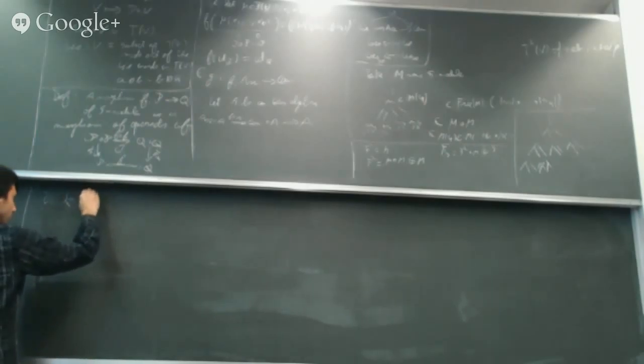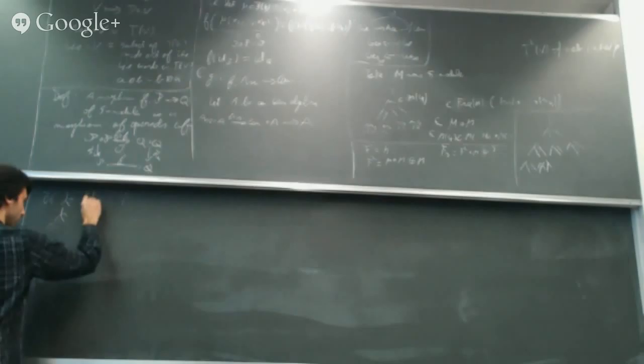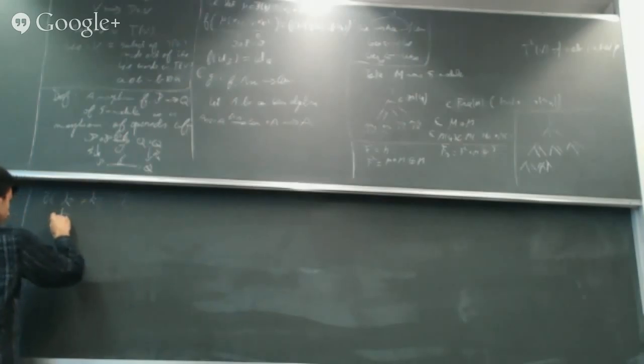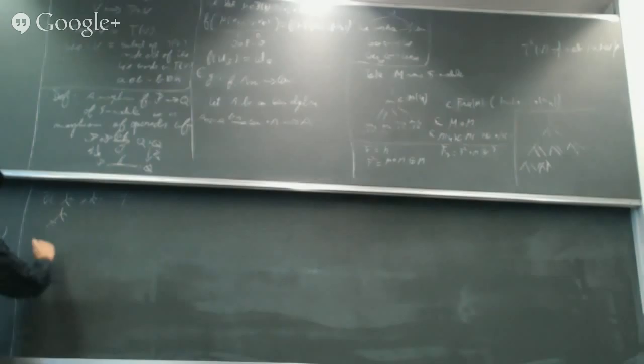So if this is M, then composition is you start with M, and then you put here this M1, and maybe it's a bigger tree, and it's just composing. Then you also have an identity on operads, and here the identity should be just a stupid tree.